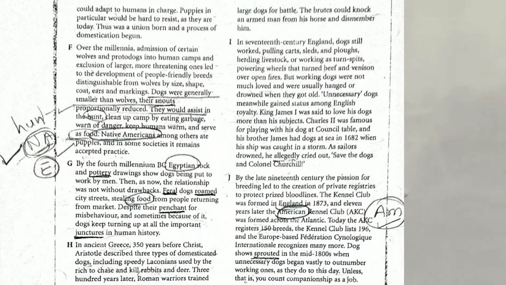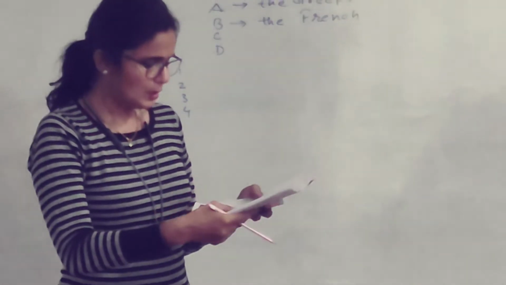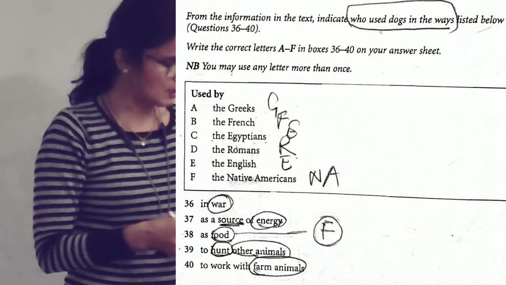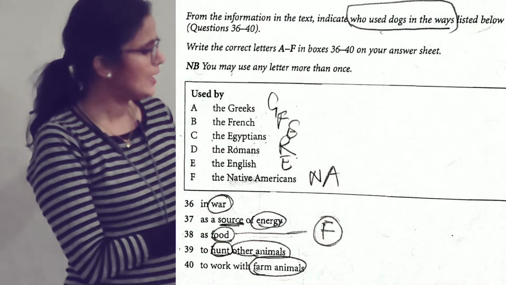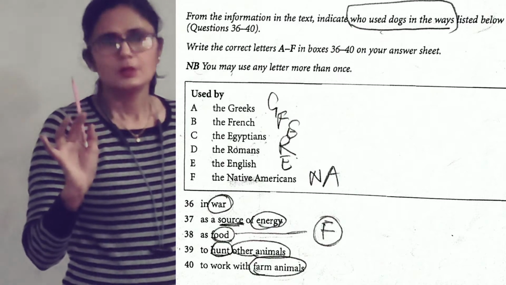And despite the misbehavior, sometimes because of it, dogs kept returning at all the important junctures to the humans. Now after Egypt, there's a mention of Greece only. Right? So now Egypt is option C. No, nothing is mentioned as food. Okay.